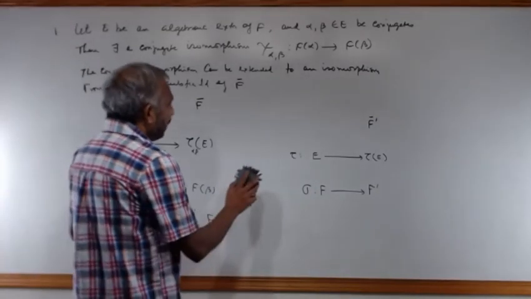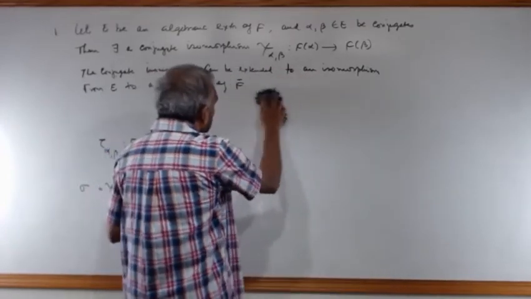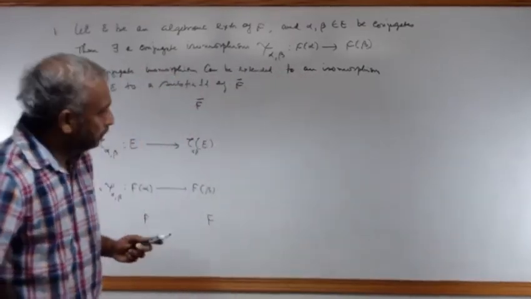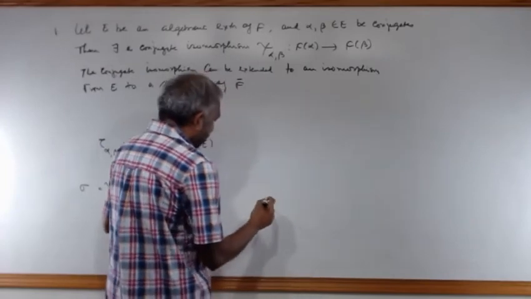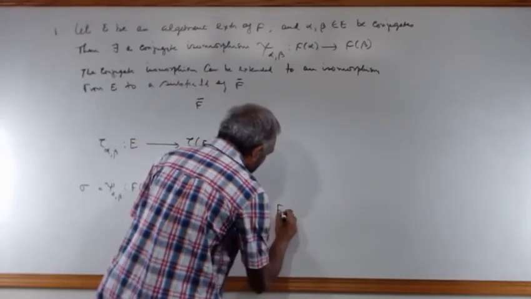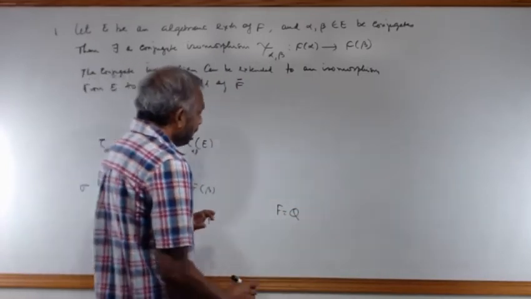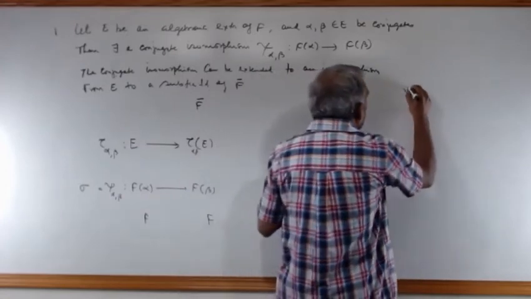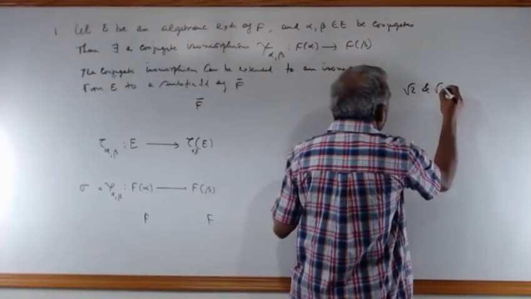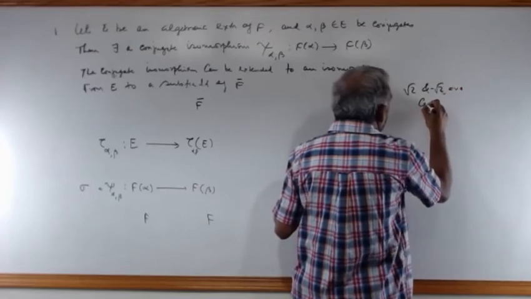Let us do an example on this. So we'll take our base field F is equal to Q, and root 2 and root 3, so root 2 and minus root 2 are conjugates.